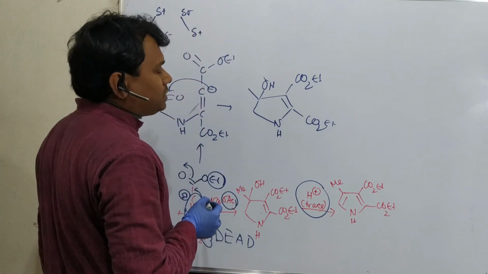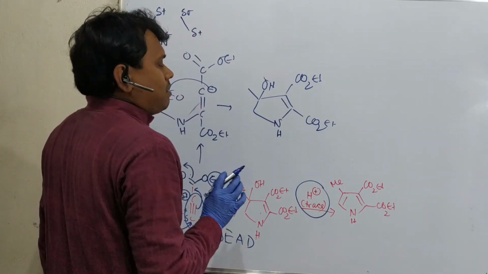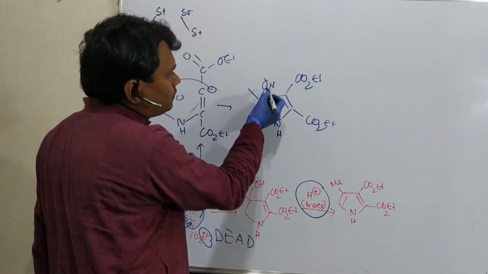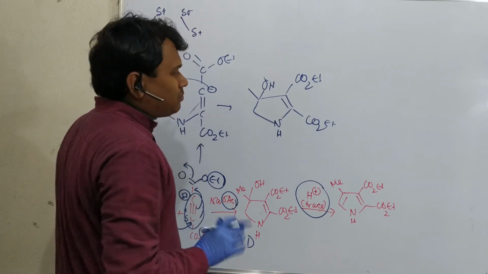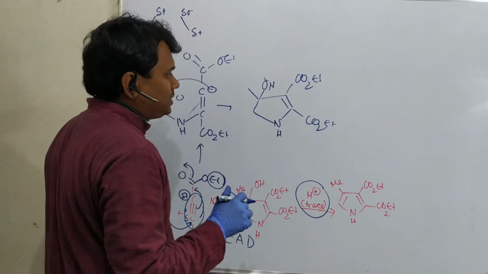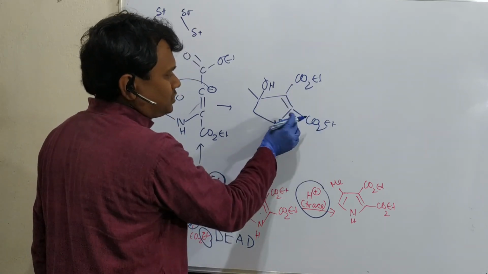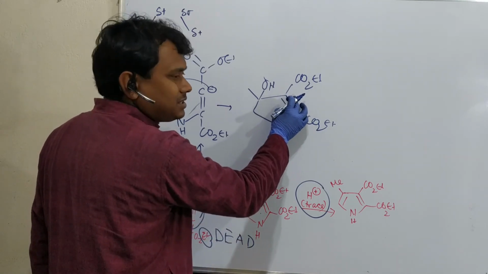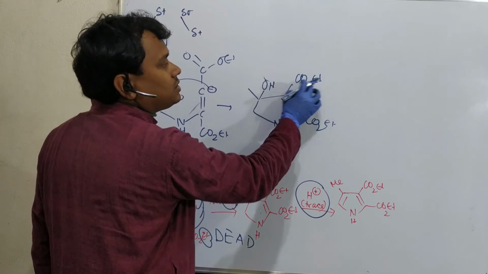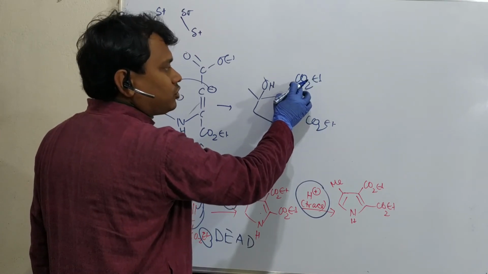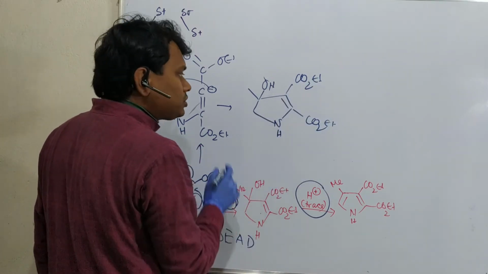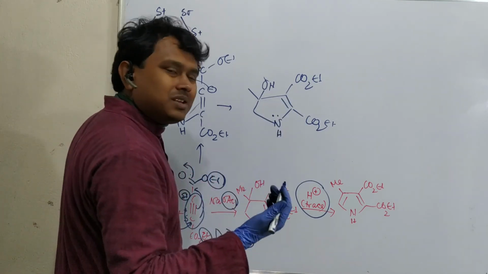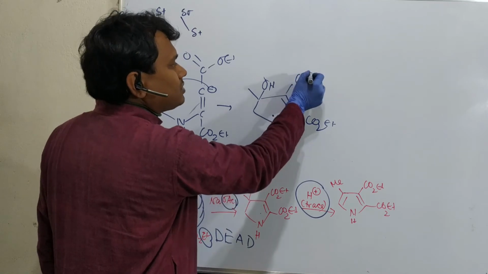Why? Because this results in elimination of this OH better. It's my personal opinion. There are two CO2H groups, so there is a chance that the electron density in this double bond is very low because of the withdrawing effect of the two CO2H groups. So if this nitrogen also wants to push, that may be a little difficult, and the electron density may go to that side.